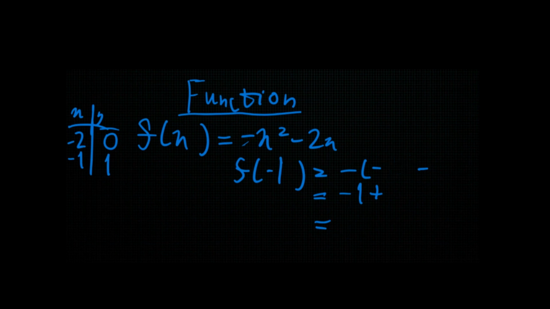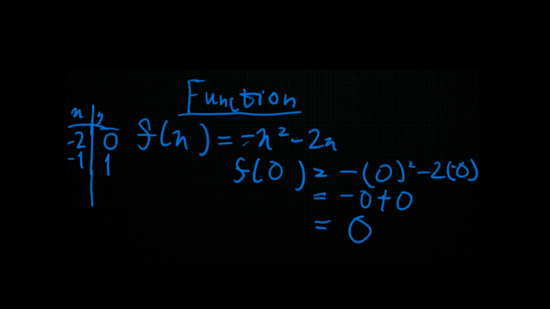Now let's use 0. That will be negative 0 squared minus 2 of negative 0. So that will be negative 0 plus 0. We know that any number times 0 is 0, and any number plus or minus 0 will be the number itself, so f of 0 is 0.